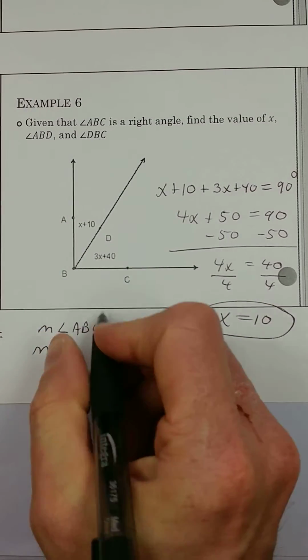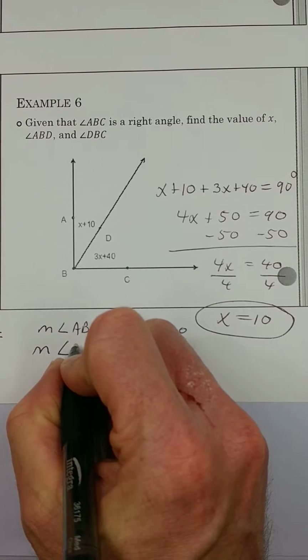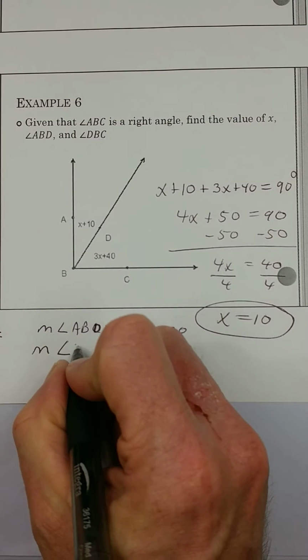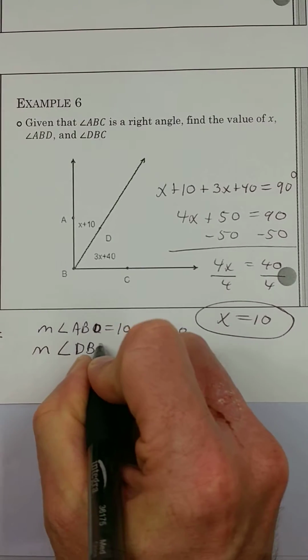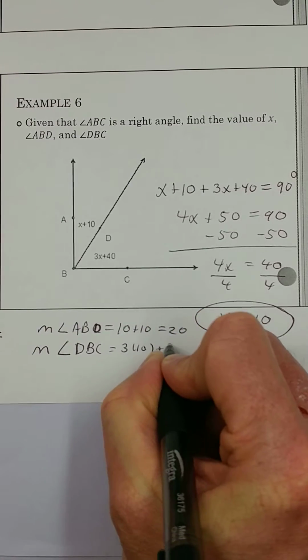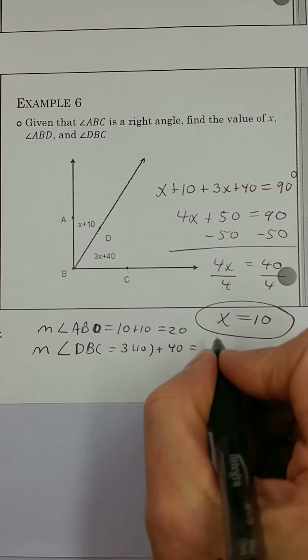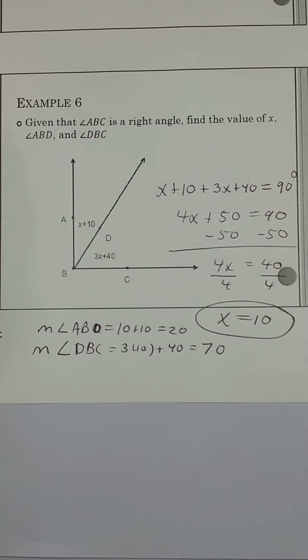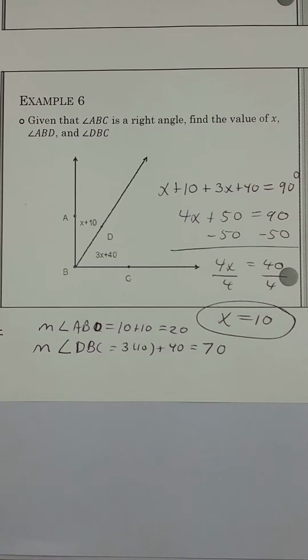And then the other one, DBC, would be 3 times 10 plus 40, which is 30 plus 40, giving me 70. And those do add up to 90, so it does check. So your final result is your two angles are 20 and 70.